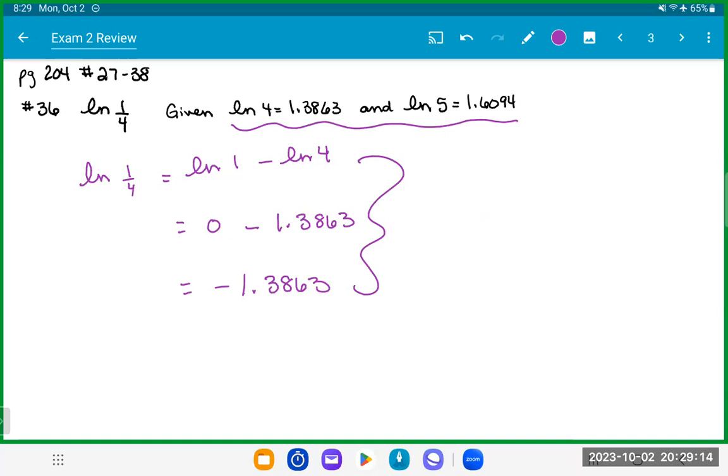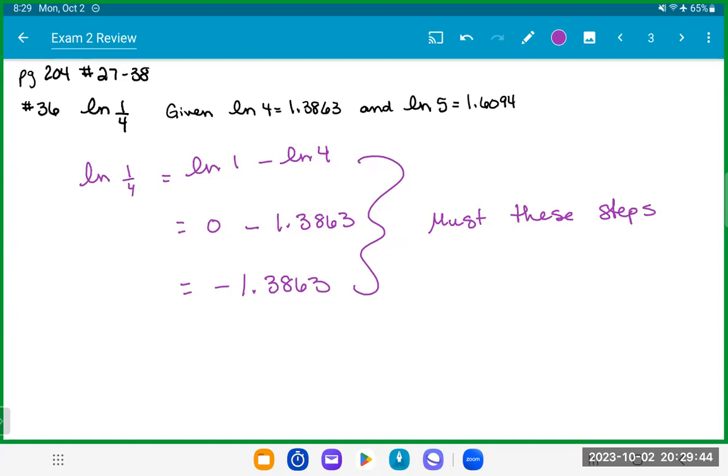Okay, so I'll just put that you must show this. Because you could have very easily put in your calculator ln parentheses 1 divided by 4 close parentheses and gotten this negative 1.3863, but that's not what you're being tested on. You're not being tested on the ability to punch numbers in a calculator. You're being tested on the ability to remember those relationships.